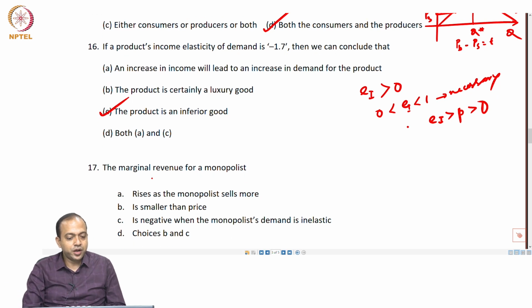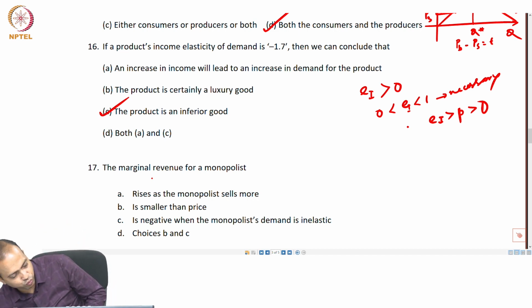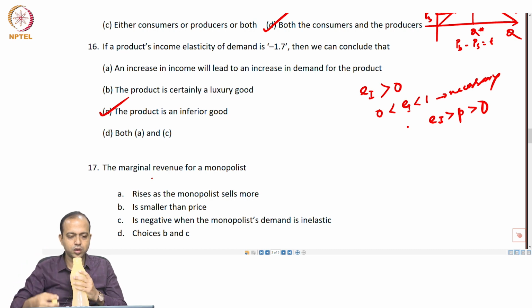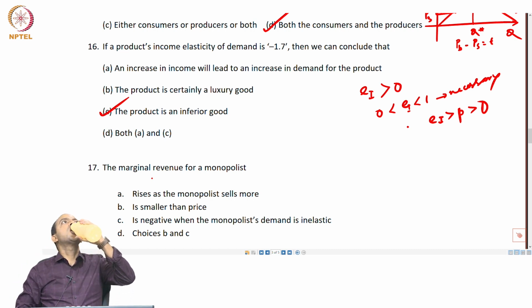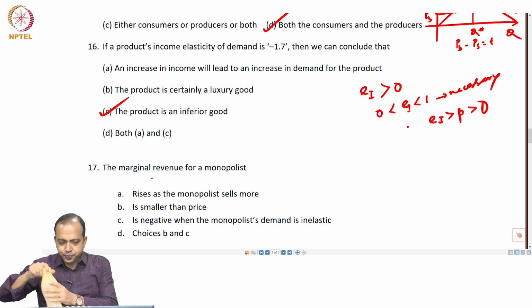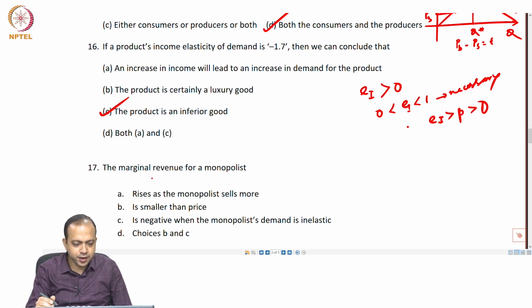The marginal revenue for a monopolist rises as the monopolist sells more.